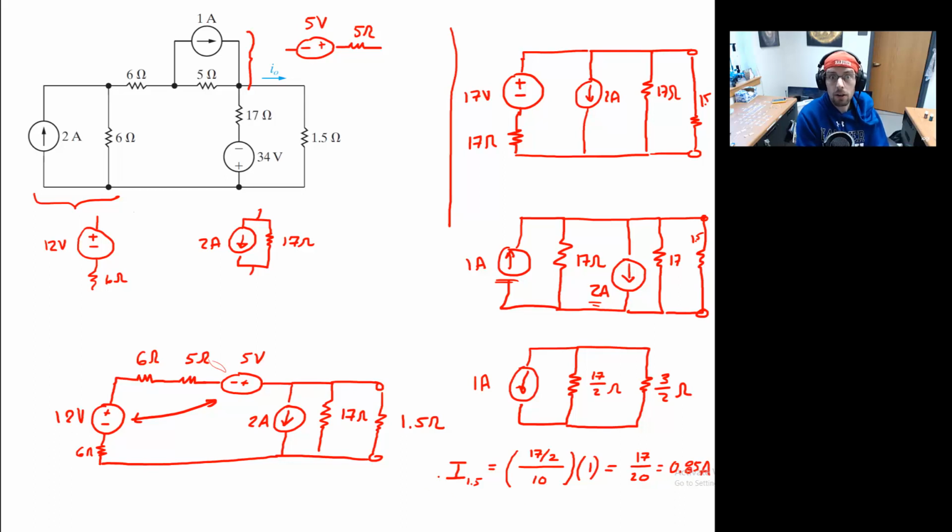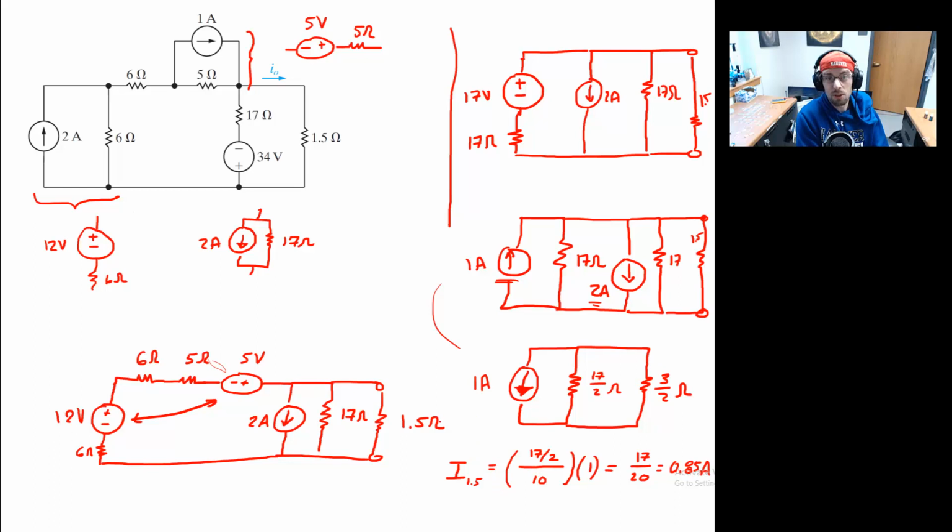Now that's the value, the magnitude. Bear in mind, I naught was specified to be running clockwise from top to bottom through that 1.5 ohm resistor. We find that instead, the current will be running from bottom to top.